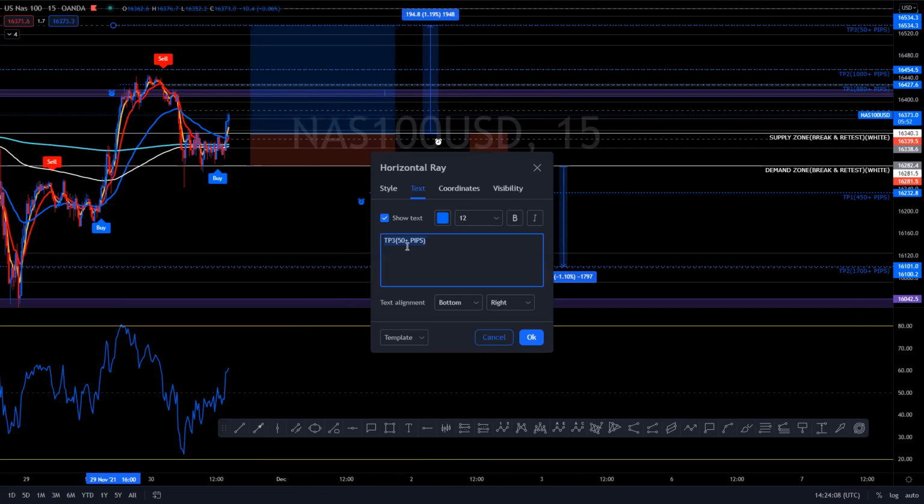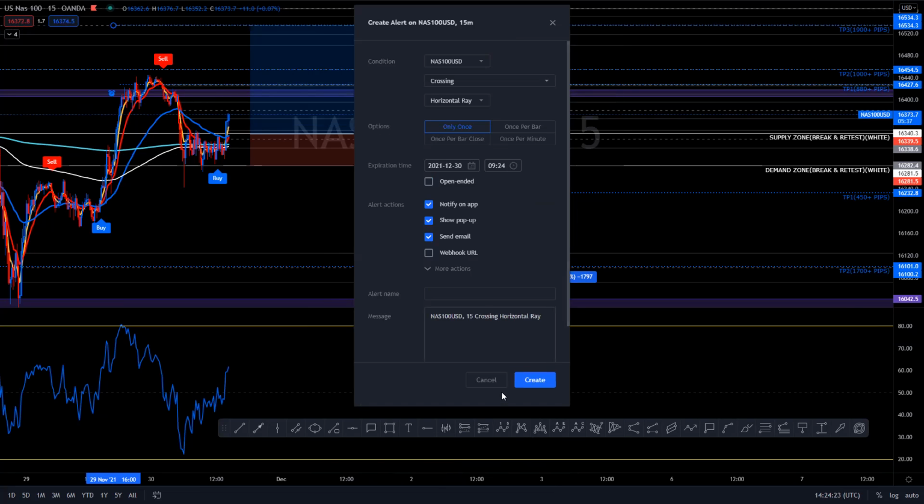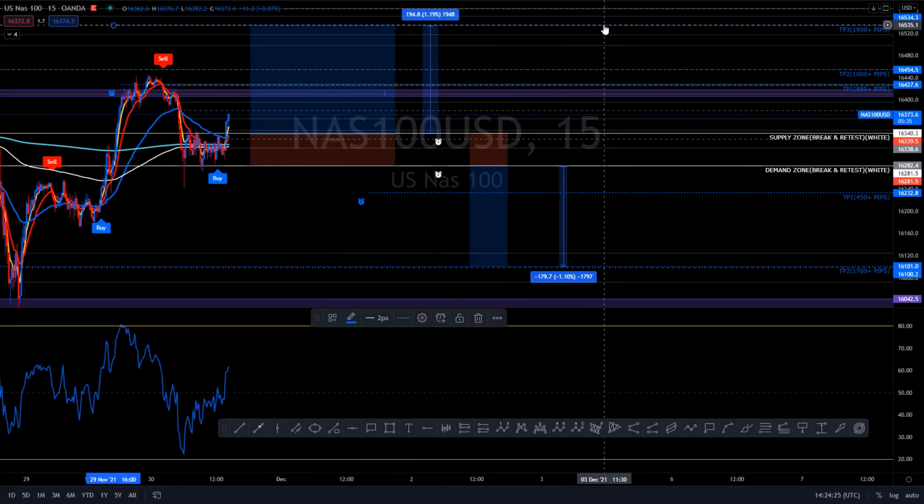Plus pips. Oh no, price might go up this high. You never know. Let's see here.